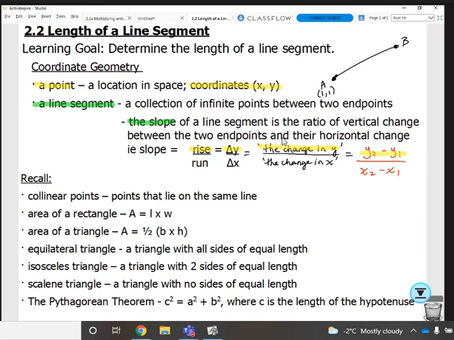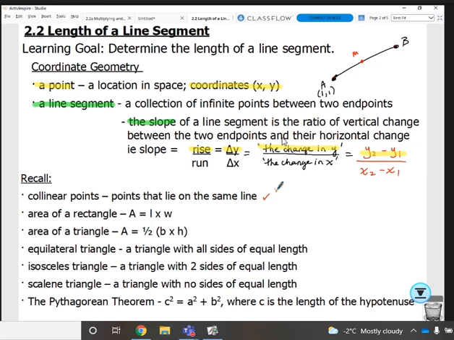Okay. Now, recall. Collinear points are points that lie on the same line. So for example, A, the midpoint here, and B, they're all collinear points because they're all in the same line. That came up maybe for 2 homework questions in grade 9. Area of a rectangle is length times width.